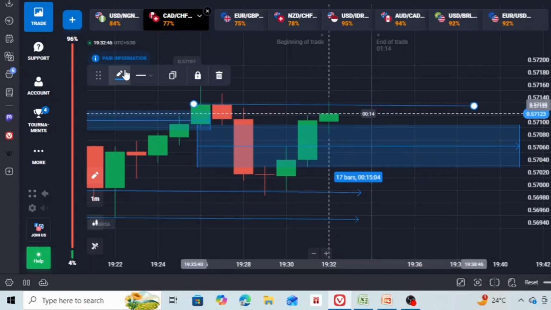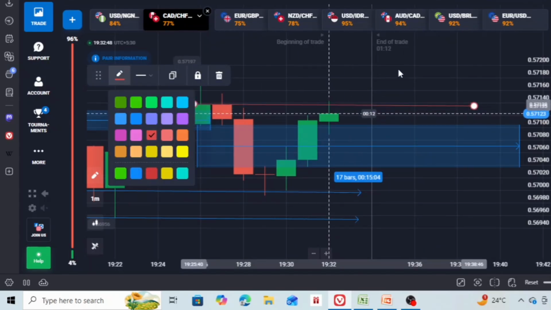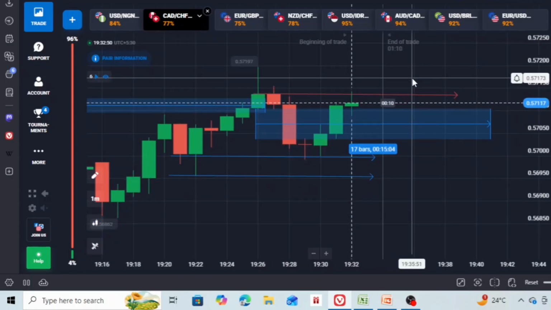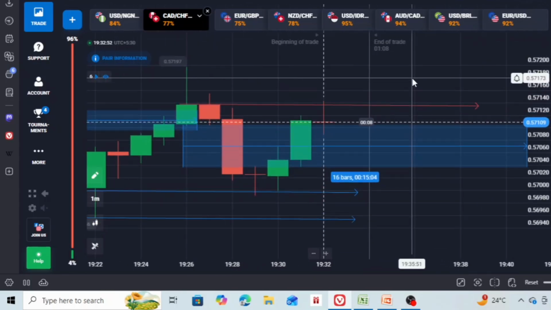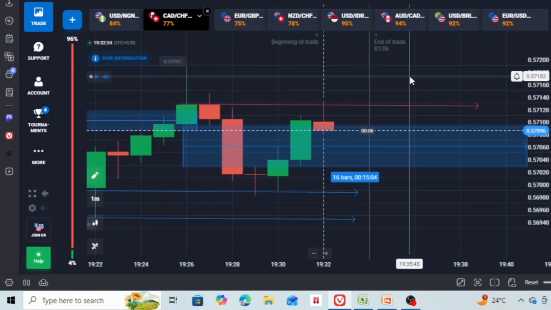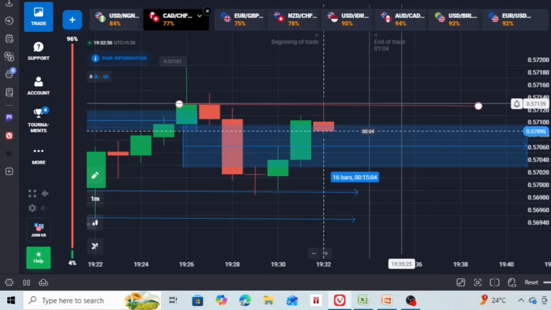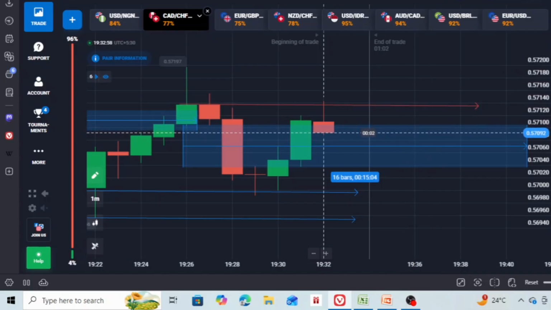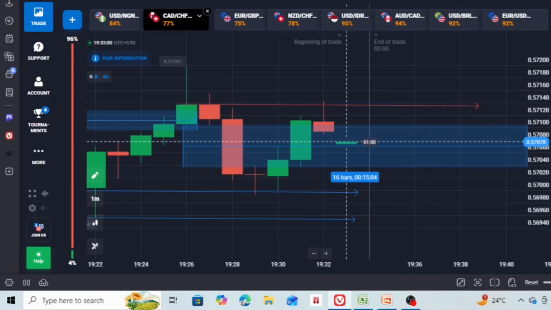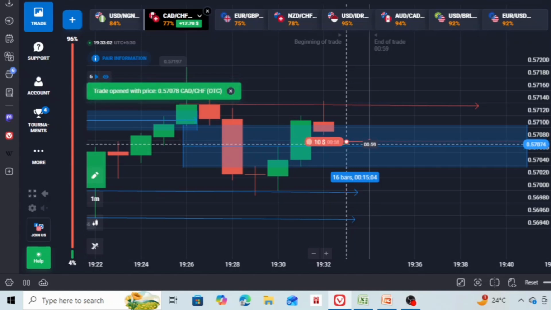If this running candle forms the red candle, then that would be great. But let us see, we still have around 7 seconds. Okay, 5 seconds, so I think it is going to form the red candle here. So, okay, let's go in the downward direction, but there is a gap down here.